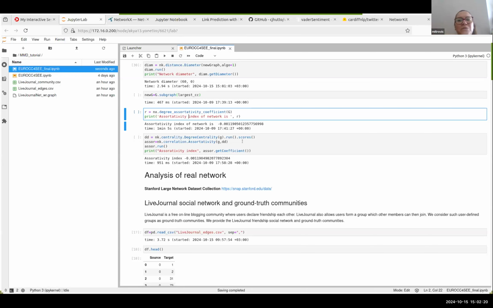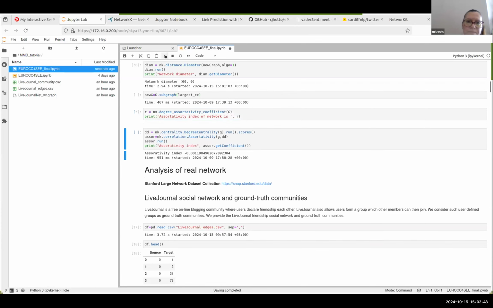And I didn't want to lose this time for this, but believe me, it's much, much longer because this algorithm is relatively slow compared to other algorithms on networks. And due to this, we can see that NetworKit is already more advanced in this sense. So what we can also calculate is an assortativity index.